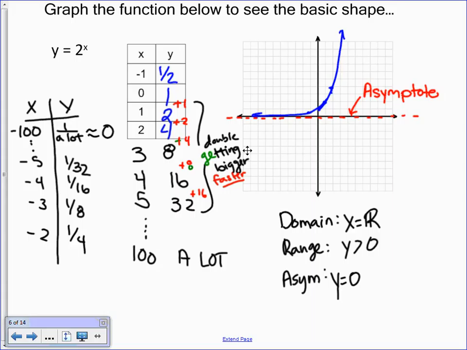So if your a value is a negative number, you're going to plug into your table of values and you're going to see that all your points show up underneath your asymptote, and then you would say y is less than 0. And so your range can change, especially if you have a negative a value. Okay. Does anybody have any questions on that graph?